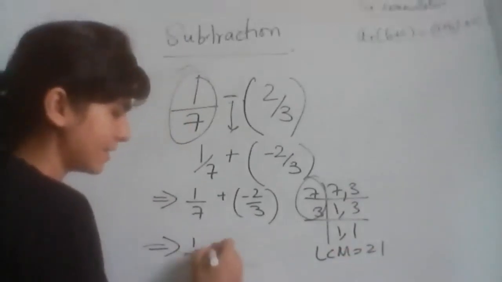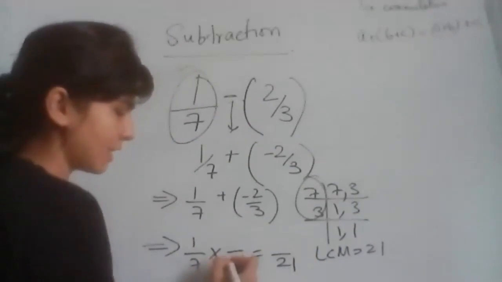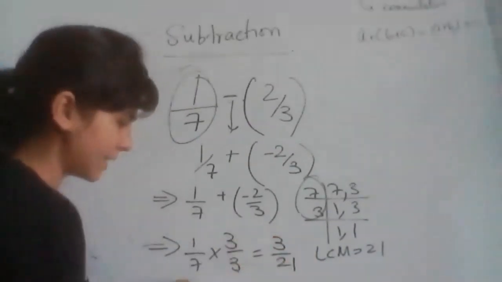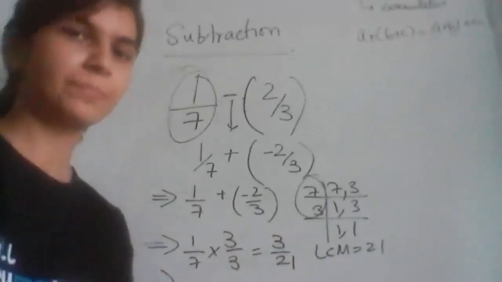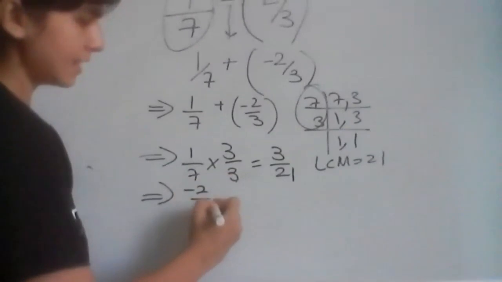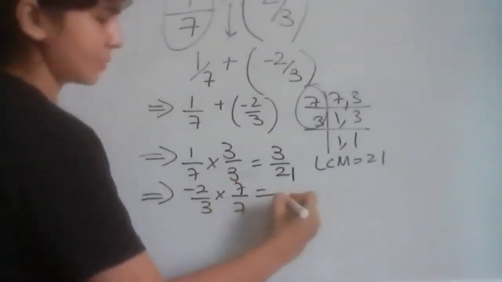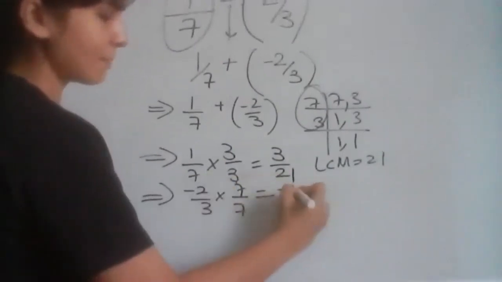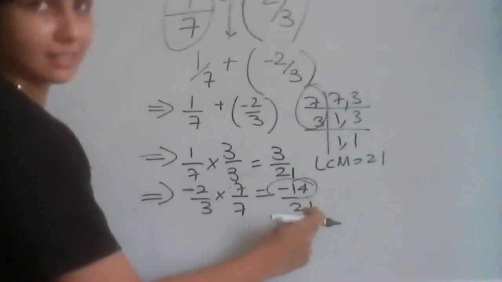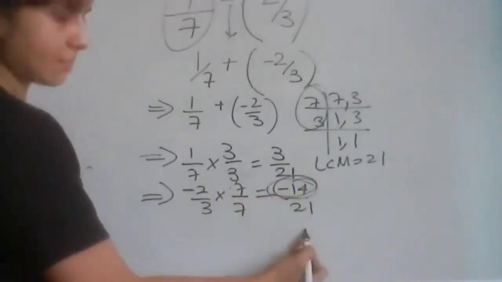Now 1 by 7, I want the denominator to be 21. So I will multiply the denominator by 3, and the numerator also by 3: 3 by 21. The next step will be minus 2 by 3 into 7 7, that will be 21. 7 twos are 14, minus 14. Please take care, minus into plus is minus. So your second step will be minus 14 divided by 21.